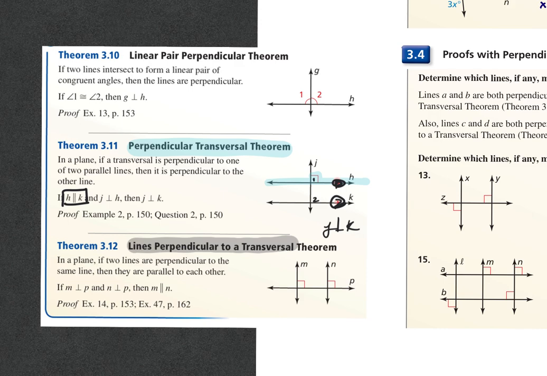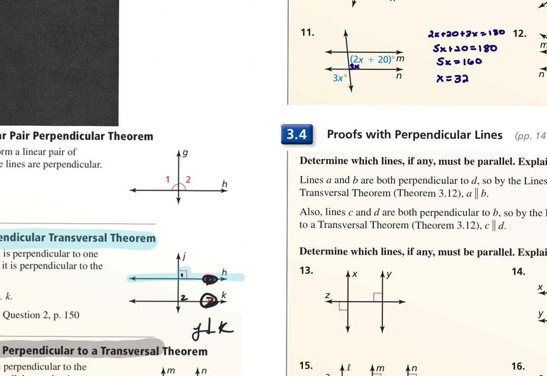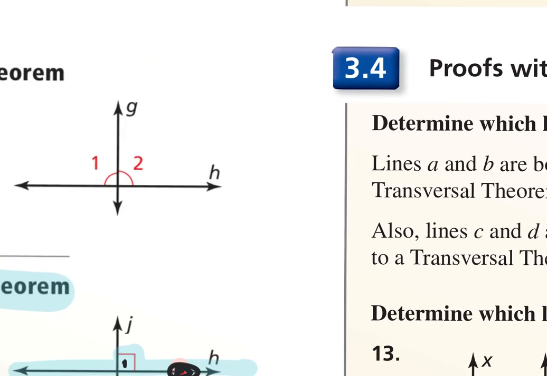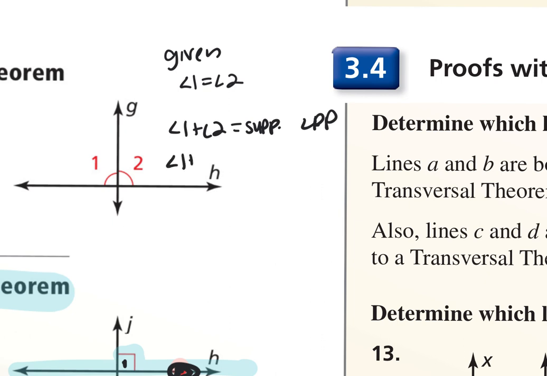You could get there the long way around. I could say angle 1 and angle 2 are congruent if I'm given that, given angle 1 equals angle 2. Then I can say they're supplementary, that's the linear pair postulate, and then they add up to 180. If they are both the same, I could swap in one for the other.